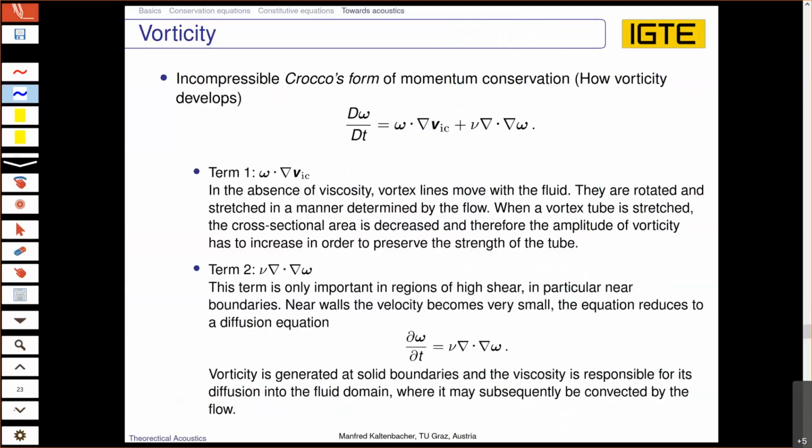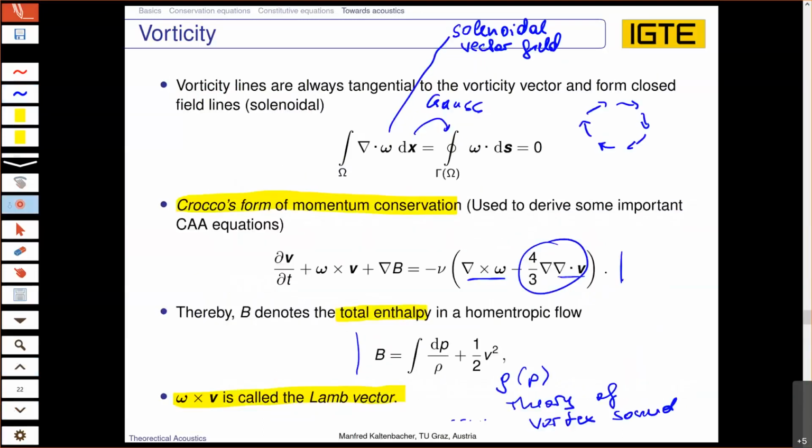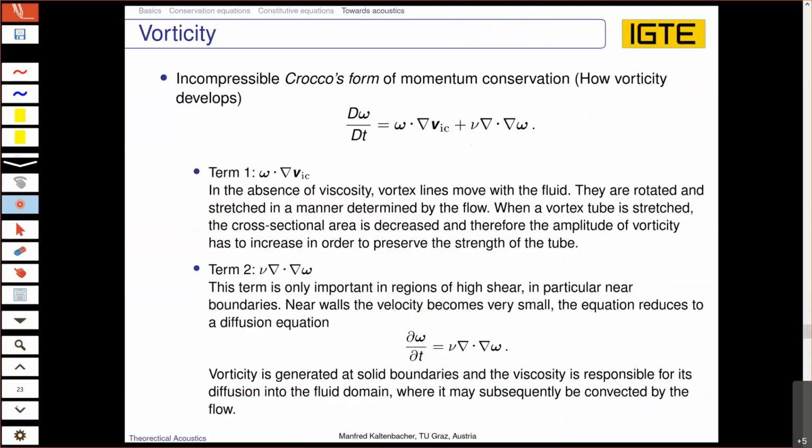Yeah, and out of this, so this was the general form of Crocco's equation we had here. Now, if we assume incompressibility, so we can model the fluid as an incompressible flow, we come up to this part here, and that shows us that the total change of the vorticity is given by the first term here, which is a dot product between vorticity and the gradient of the incompressible flow.